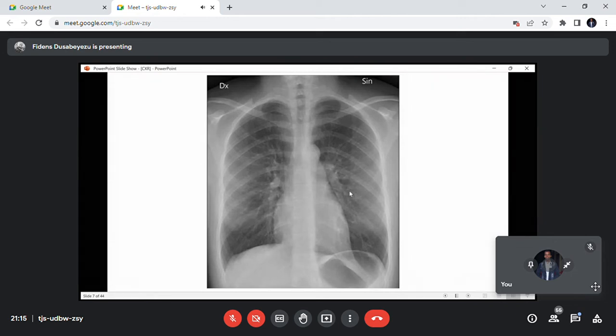Can't you see that they're making a concavity here? The same as here. Some vessels are going up, others going down. They're making this concavity here. And when that concavity is lost, you have to search for the cause. And in most of the cases, it's a mass, lymph nodes.